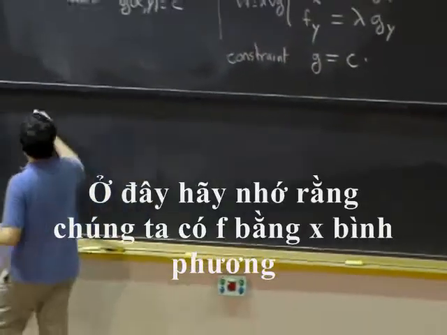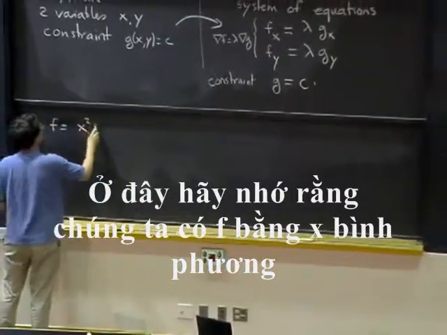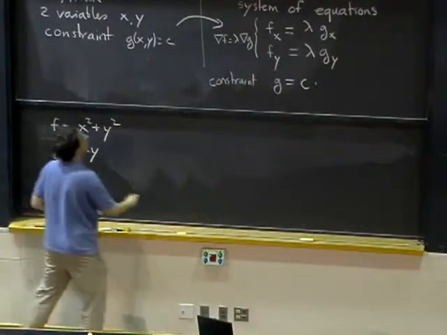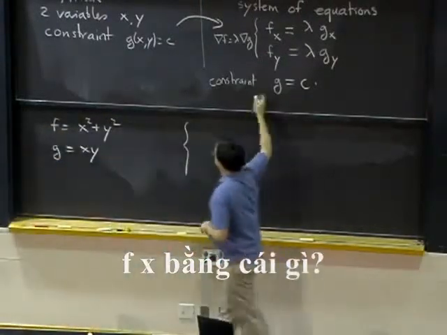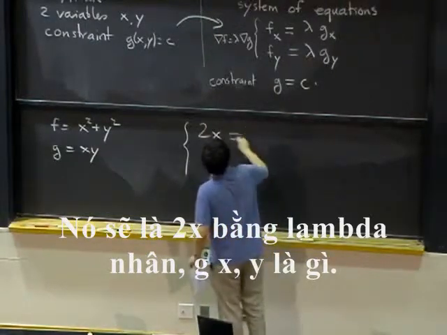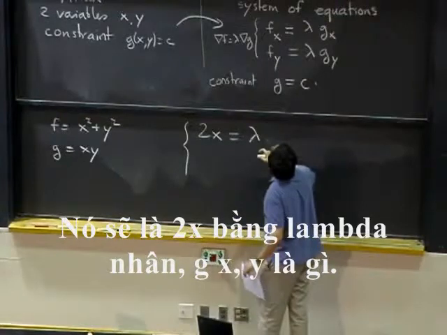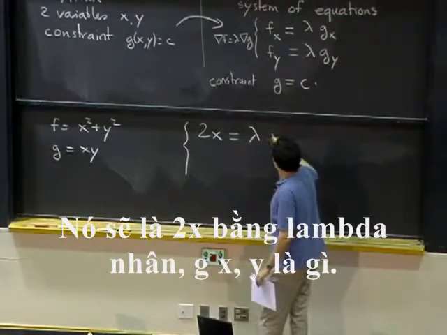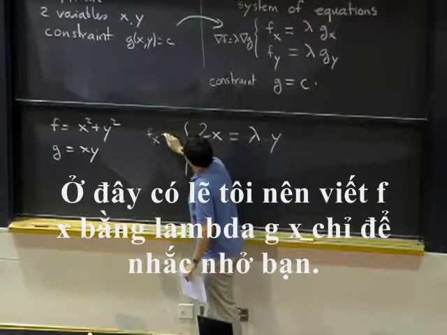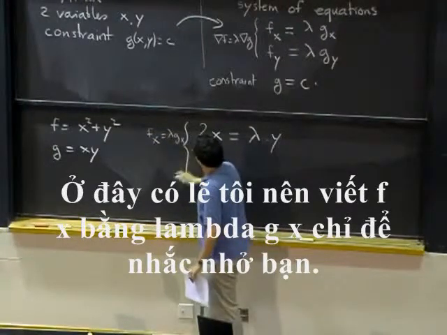So here, remember, we have f equals x squared plus y squared, and g equals x y. Okay, so what's f sub x? That's going to be 2x equals lambda times what is g sub x? y. Okay, so maybe I should write here f sub x equals lambda g sub x, just to remind you.